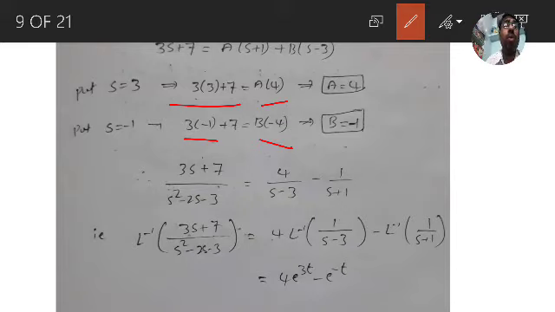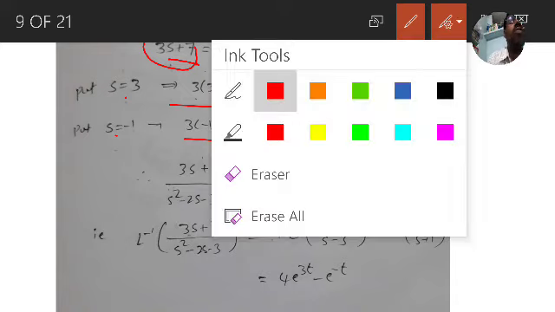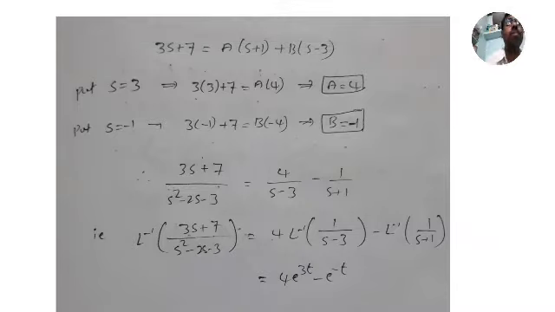In the first two problems the left hand side numerator is 1 only, but here we have a function of s, 3s plus 7. So you have to substitute the s value on both sides. That is a different one we got in the third problem. Are you able to get it?